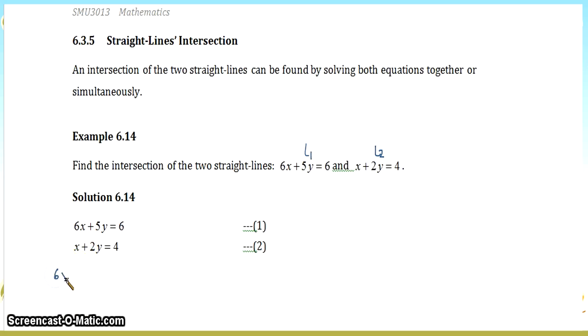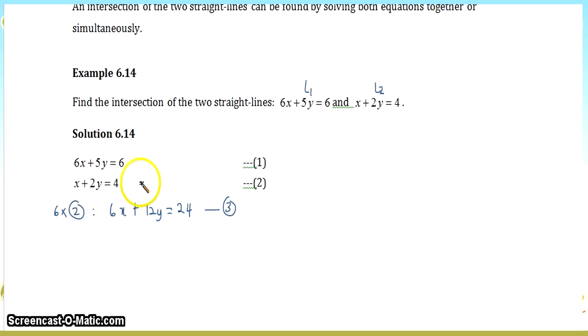So 6 times equation 2 gives us 6x plus 12y equals 24. Let's label this as equation 3. Now, we have equation 1 and equation 3. To eliminate x, we subtract equation 3 from equation 1.